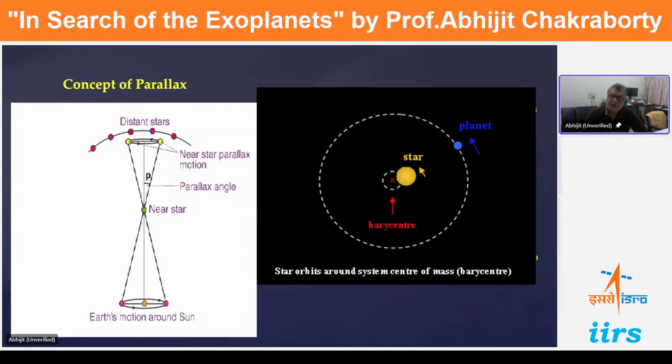So, with these two methods, either Doppler wobble spectroscopy or astrometry, you can measure the mass of the planet, while by doing transit photometry you can measure the radius of the planet.